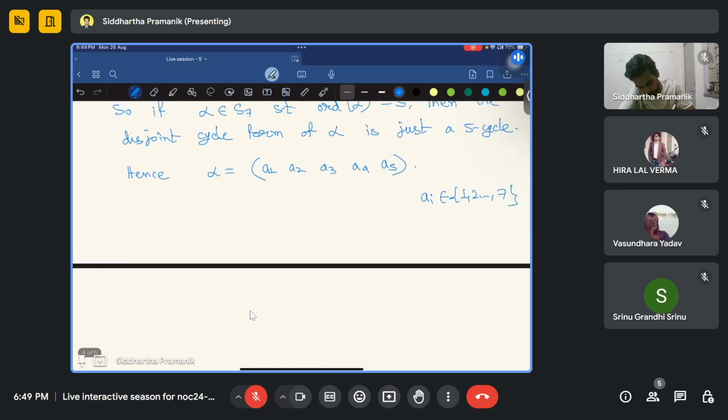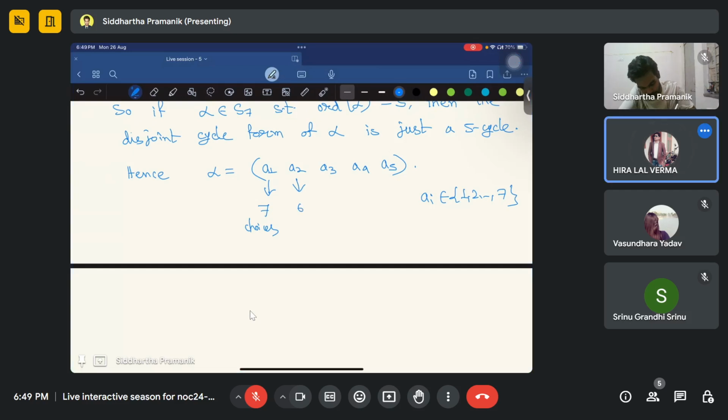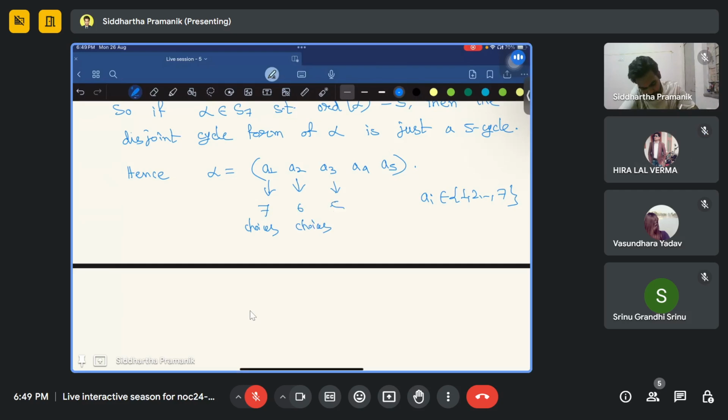So for a1 we have 7 choices, right? Now a2 cannot be the same, so we have 6 choices. For a3 we similarly have 5 choices. This has 4 choices and this has 3 choices.